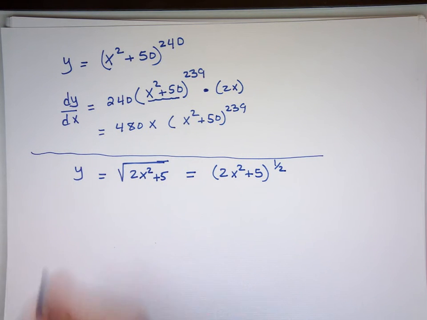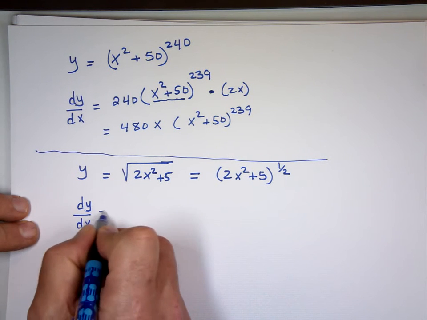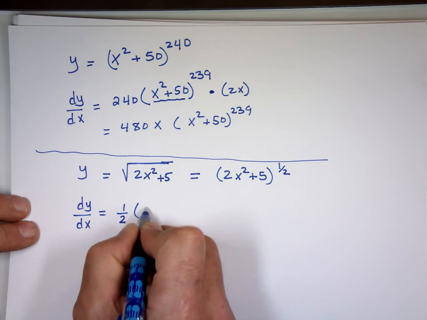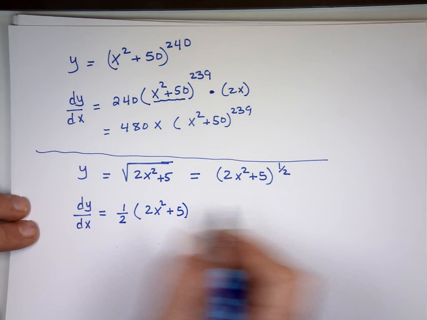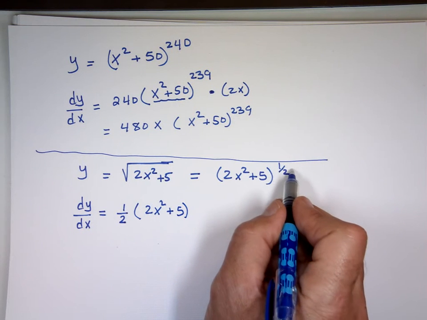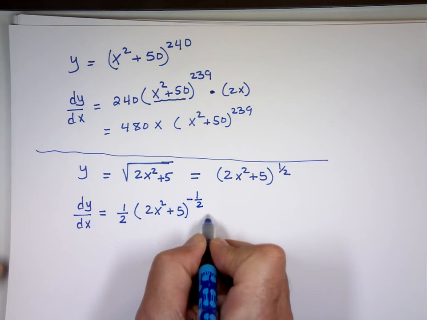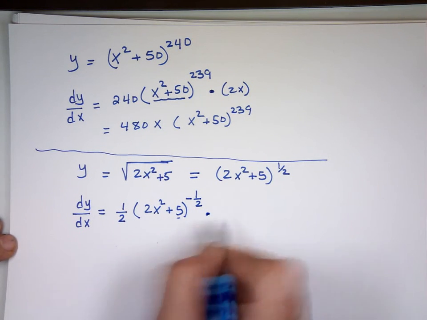So what's the derivative of that? Take the power, move it to the front. And subtract 1 from the power. What is 1/2 minus 1? Negative 1/2. Times the derivative, what's on the inside of that? 4x.